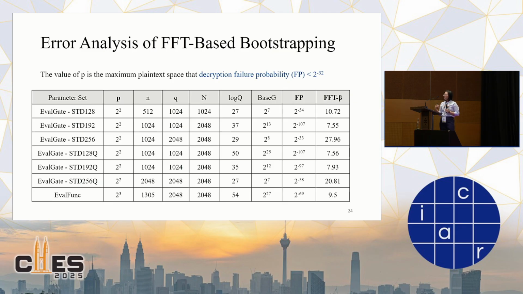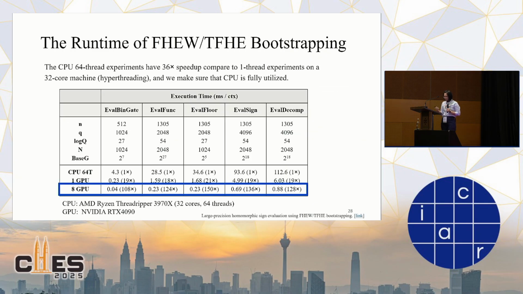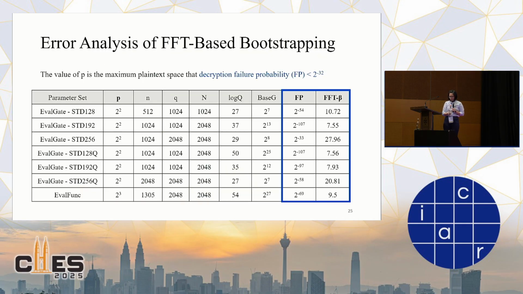Besides theoretical analysis, we also conducted extensive experiments to verify the actual noise. From experiments, we observed that the decryption failure probability under this parameter is below 2 to the minus 32.